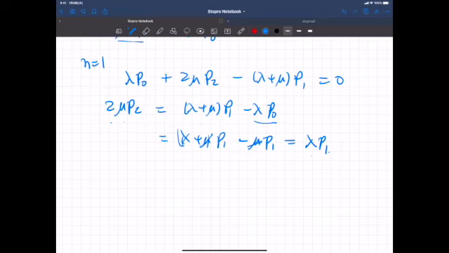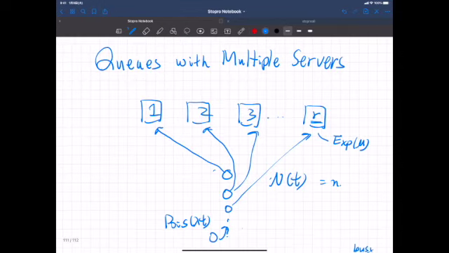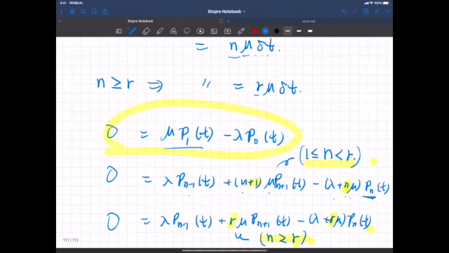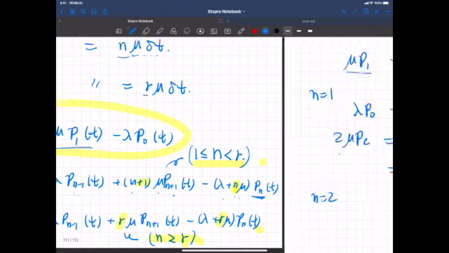And then put n equal to 2 in the next equation. So n is 2, so this is P1, and this is P3, and this is P2.